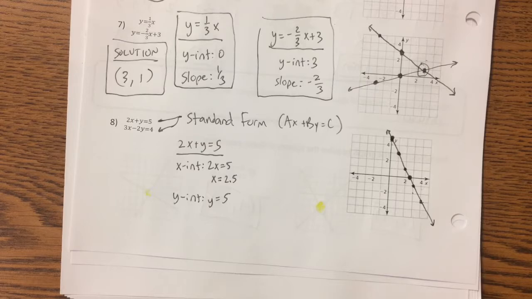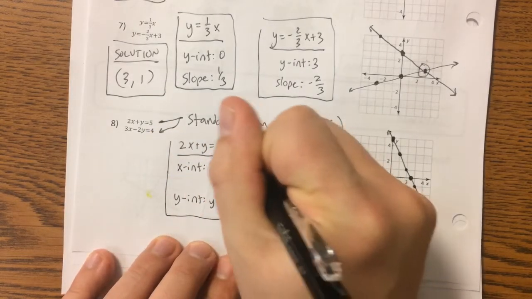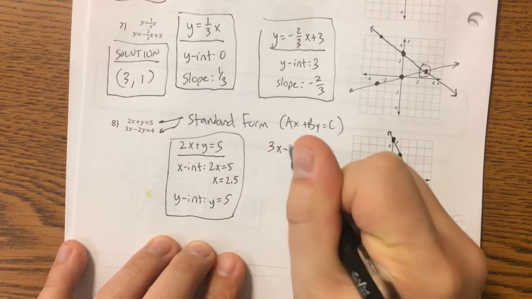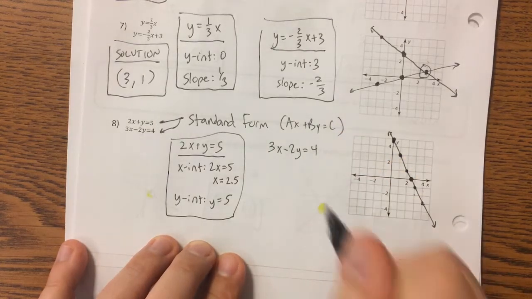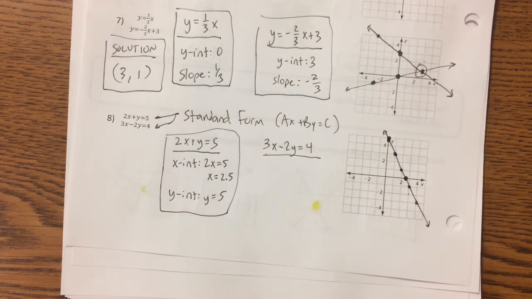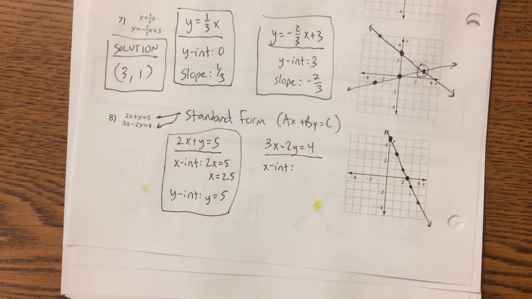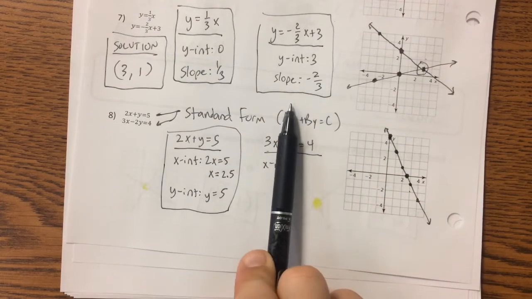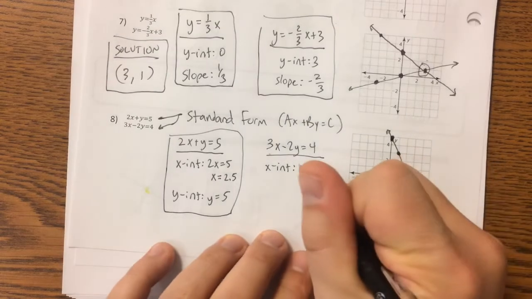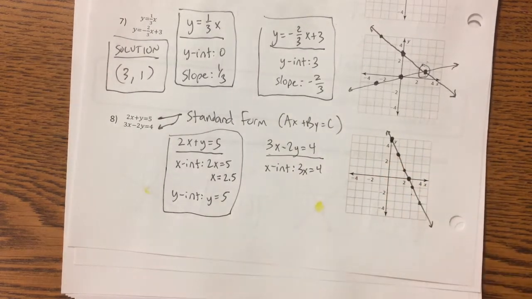Now let's look at the second one. We have 3x minus 2y equals 4. So the x-intercept, I will graph by covering up the y. This one's going to be a little tricky. 3x equals 4. So let's solve for x here.